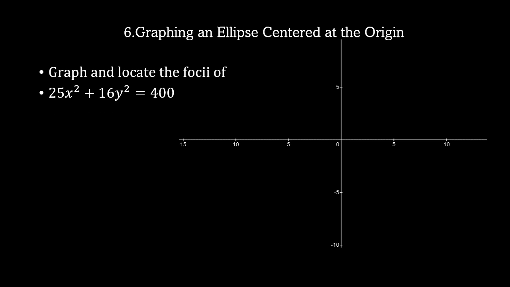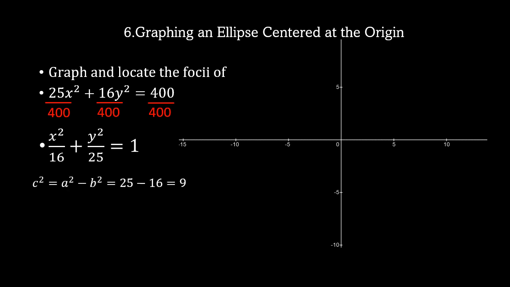Now here we have to divide every term by 400. Now this ellipse is vertical, where the vertices and the foci are going to be on the y-axis. Now on the y-axis we have the points 0, 5, 0, negative 5, and on the x-axis we have the points 4, 0, and negative 4, 0.